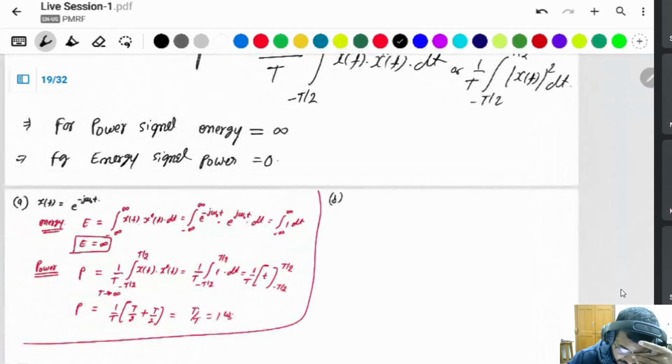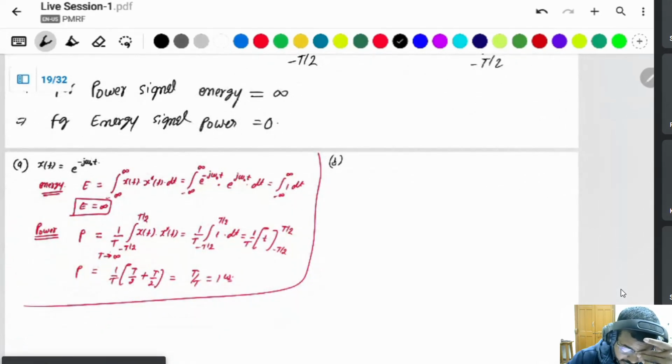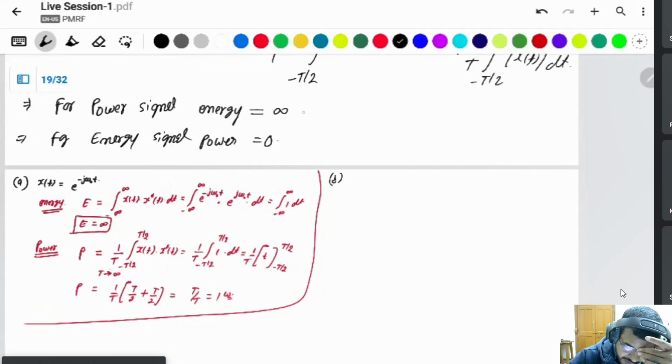Energy is infinity and power is calculated, which means this signal is a power signal.